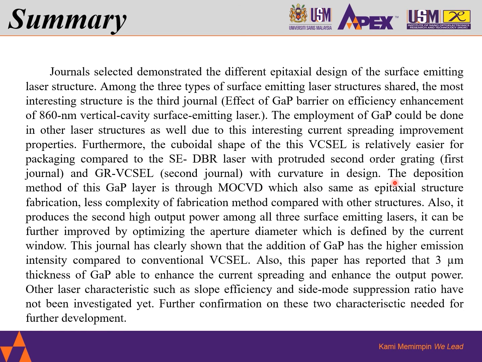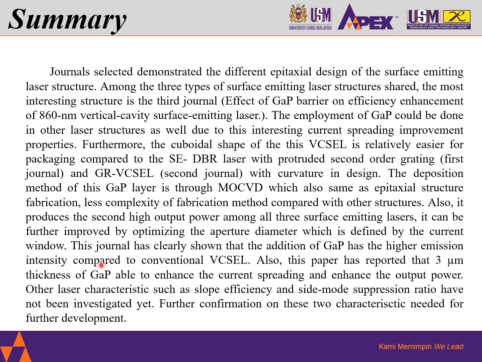The deposition method of this gallium phosphide layer is through epitaxy, which is the same as the epitaxial structure fabrication. This means less complexity of fabrication methods compared to other structures. Also, it produced the second highest output power among all three surface emitting lasers. However, it can be further improved by optimizing the aperture diameter, which is defined by the current window.